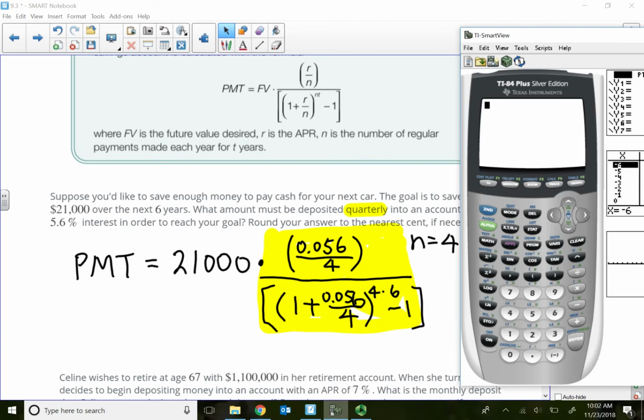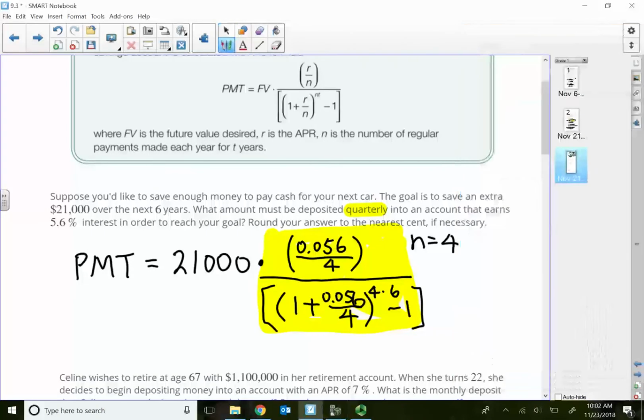All right, let's see how we put it in. So the numerator, open up with a parenthesis, 0.056 divided by 4, close it, divided by, let's open the bracket. Now open the inside parenthesis here, and then have my 1 plus 0.056 divided by 4, close parenthesis. Exponent, I'm going to open my blue parenthesis here for the exponent like I did before.